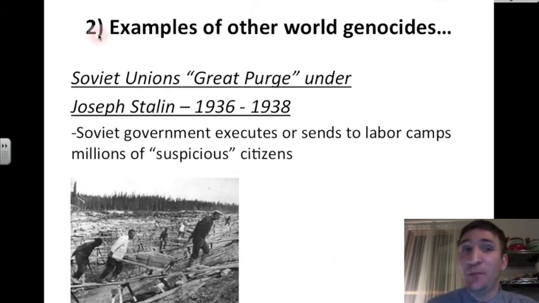A second example of world genocides is the Soviet Union's Great Purge under Joseph Stalin. It ran from 1936 to 1938, and the Soviet government executes or sends to labor camps millions of suspicious citizens who really just were criticizing Joseph Stalin, and they were probably right to be critical of this dictator. This picture shows labor camps, aka gulags.